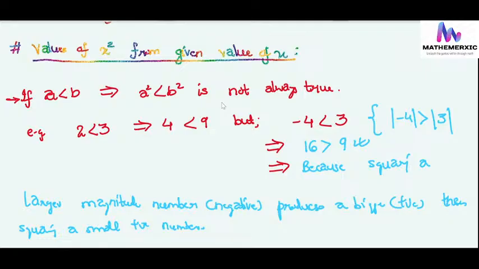Okay, less than 2 means negative number, obviously. So x square will be greater than or equal to 0.